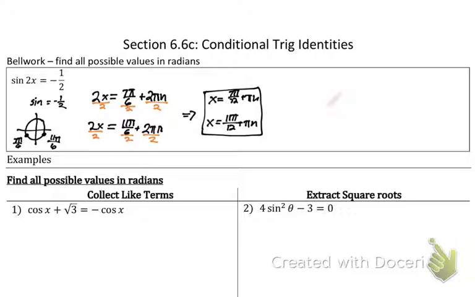Why can you not divide by 2 again? In the very beginning? Because this is sine of 2x. It's trapped in there. You have to undo sine first. You have to get the 2x by itself. It's kind of like, let's say I have 2x squared equals 4.